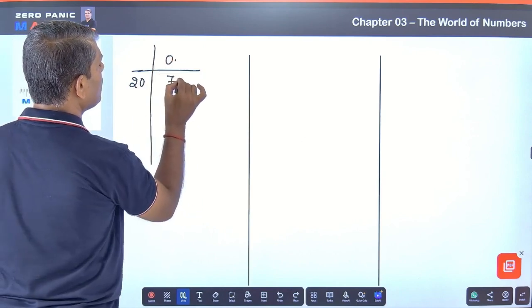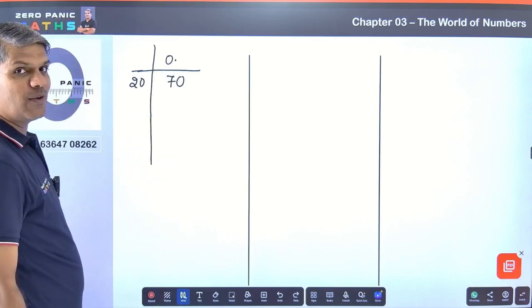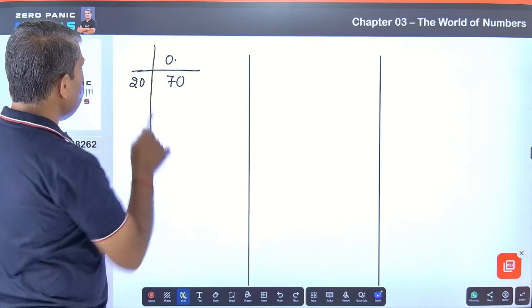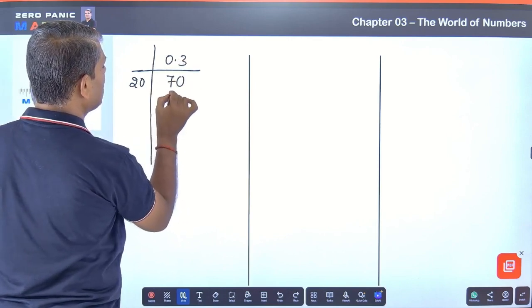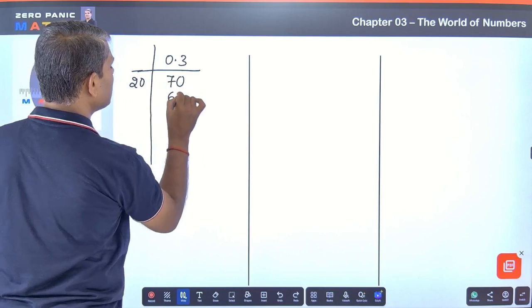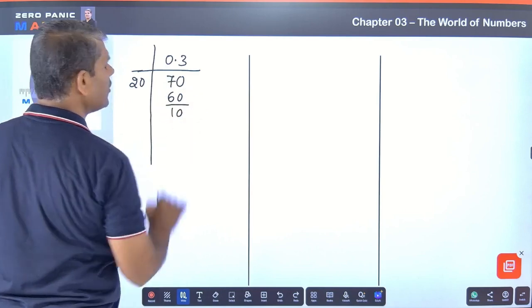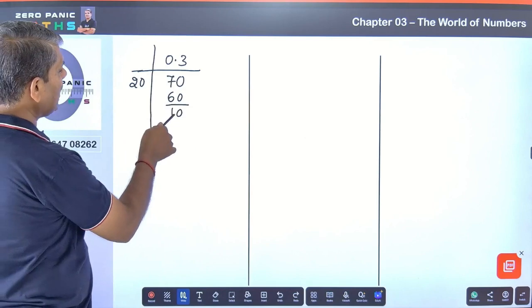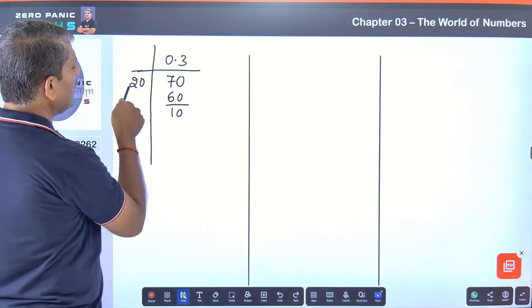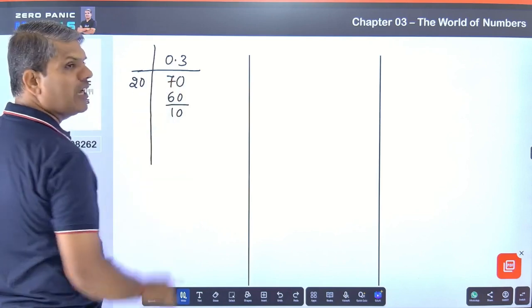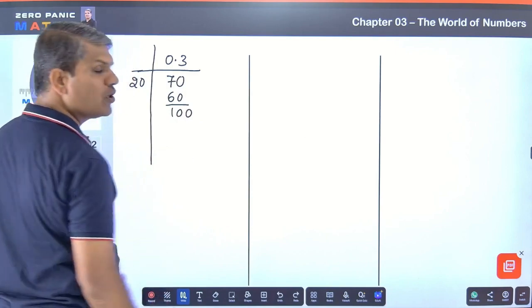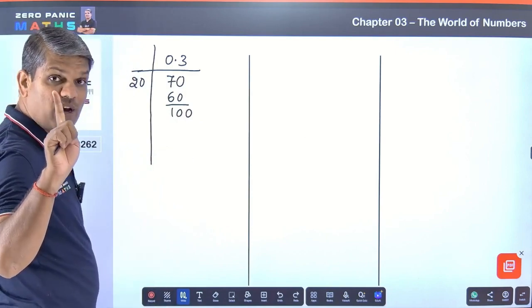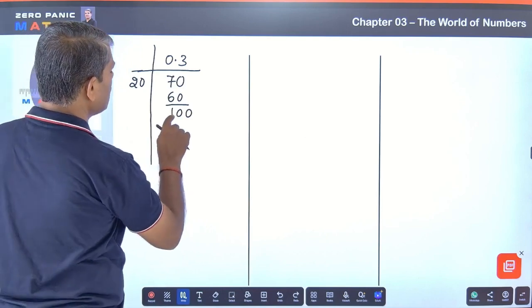When we give 0 point, an extra 0 we will get. So 20 threes is 60. Now it is 70. I can divide it by 20, right? So 20 threes is 60, and now I'm left with 10. Again, 10 is not divisible by 20. But since I have taken a decimal point here, I can borrow one extra zero. Only one extra zero you should be borrowing. So now it is 100.